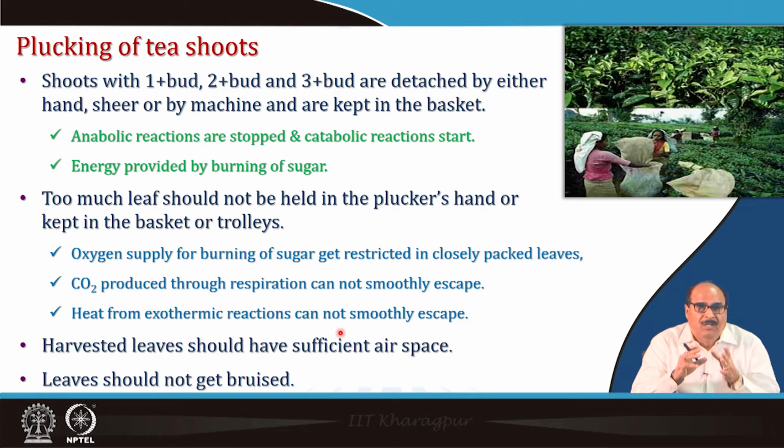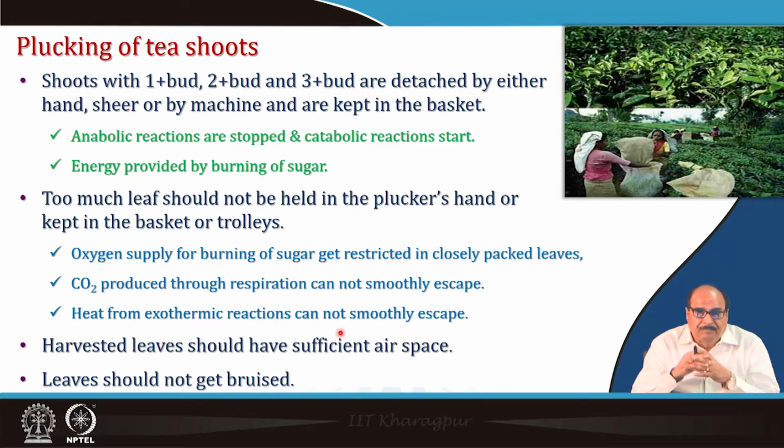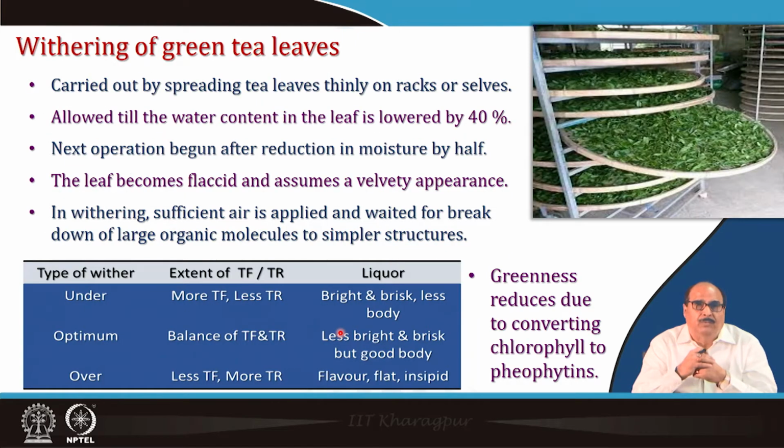Therefore, in order to maintain the leaves in their fresh form, suitable for the next operations, withering and rolling, the harvested leaves should be loosely kept, and there should be sufficient air space, and care should be taken that leaves should not get bruised, otherwise there will be oozing of the water juice, and water soluble compounds also will ooze out.